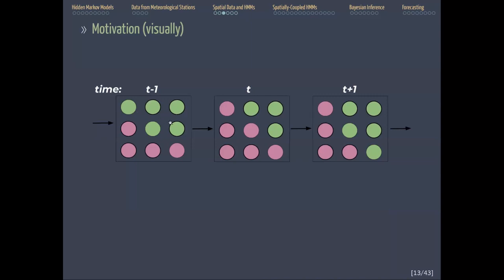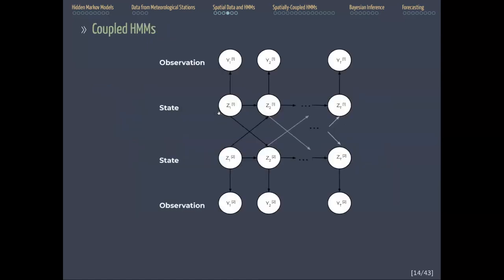These 5 might be green at time t-1, and these 4 might be purple at time t-1, and so on. And we think that maybe if there's a lot of green or a lot of purple, the nodes that are adjacent to these greens and purples might switch. And so what we were led to was thinking about coupled hidden Markov models. Coupled hidden Markov models are essentially multiple individual hidden Markov models where the state processes interact over time.